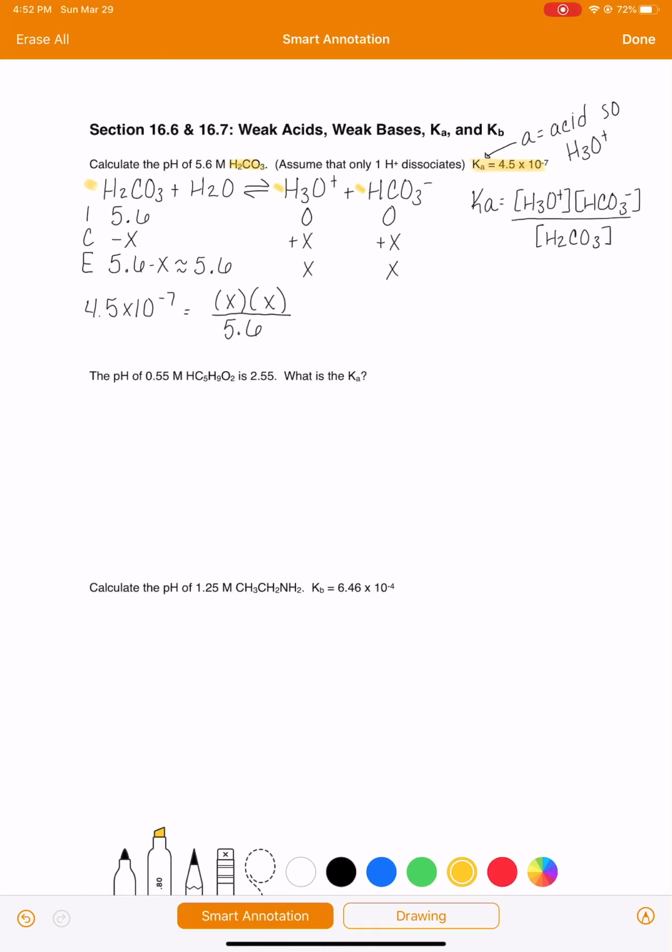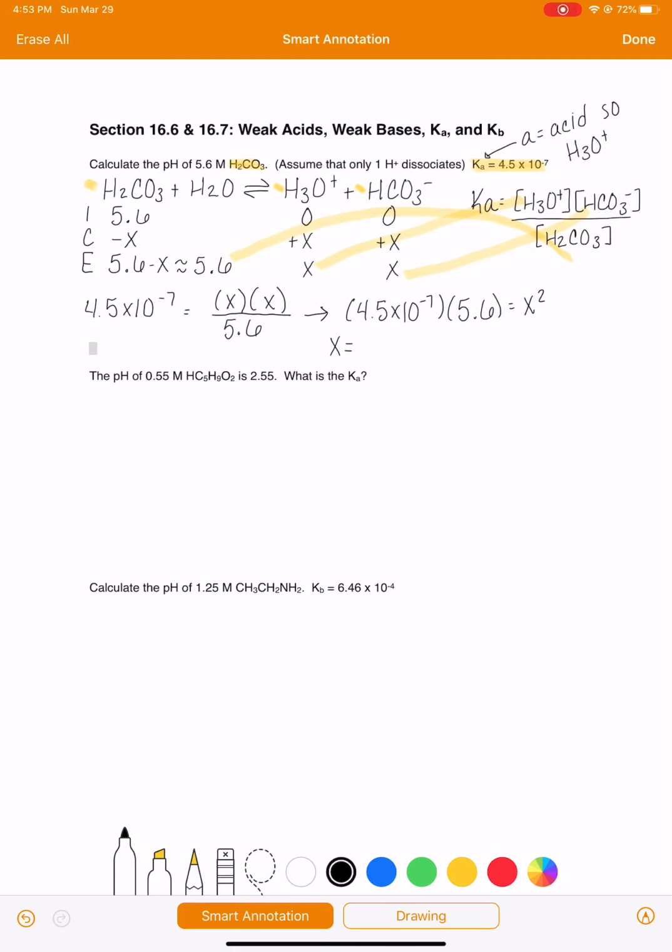Again, let's just take a look at where those numbers come from. H3O plus is right there. HCO3 minus is right there. And H2CO3 is right there. So now all that we have to do is solve for x. 4.5 times 10 to the minus 7 times 5.6 is equal to x squared.